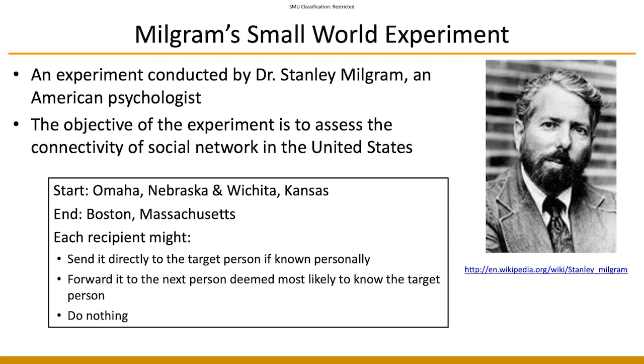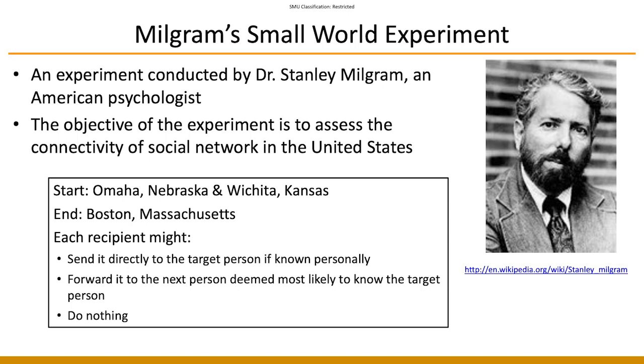But in most cases, this particular recipient doesn't know the target person written on the envelope, so he will write down the next person on the envelope. That will be the person he thinks most likely knows the target person.